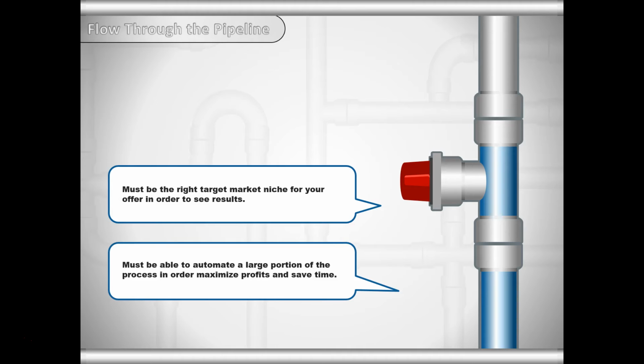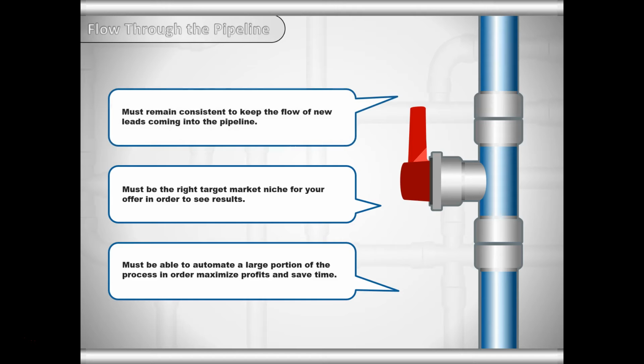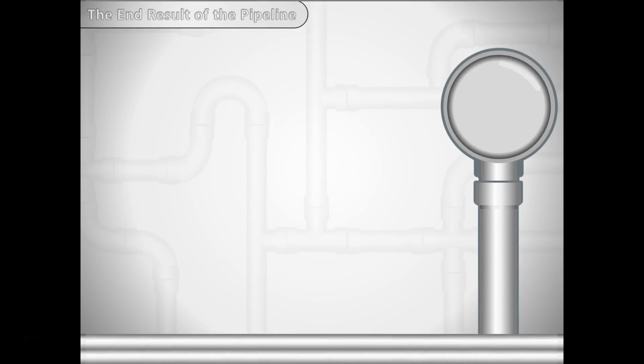So you want to make sure you have the right target market niche. Now, in addition to that, you must remain consistent to keep the flow of new leads coming into the pipeline. If you get inconsistent and you do something once a week or once a month, it's going to be very difficult to develop any kind of momentum.